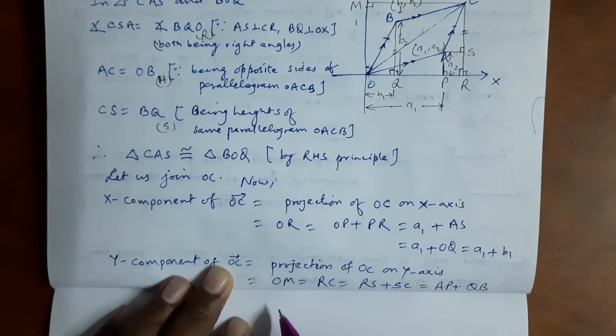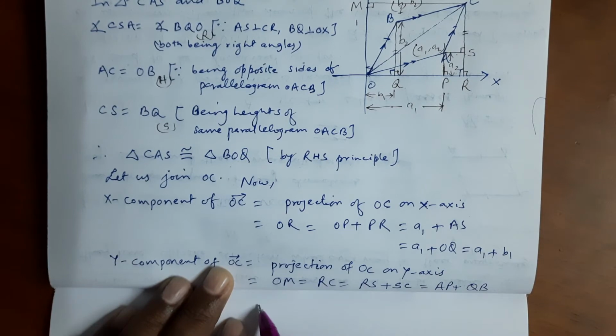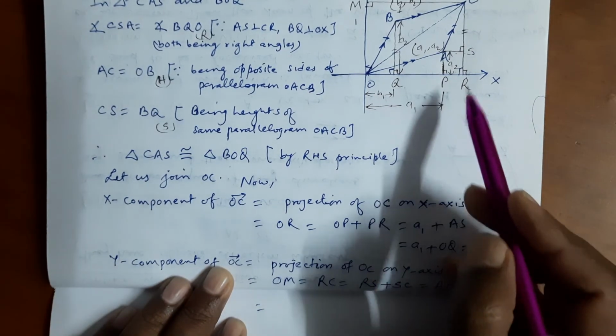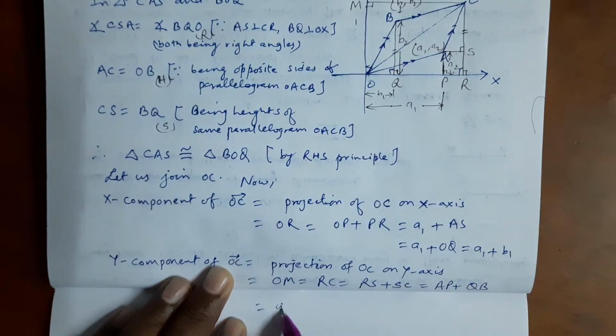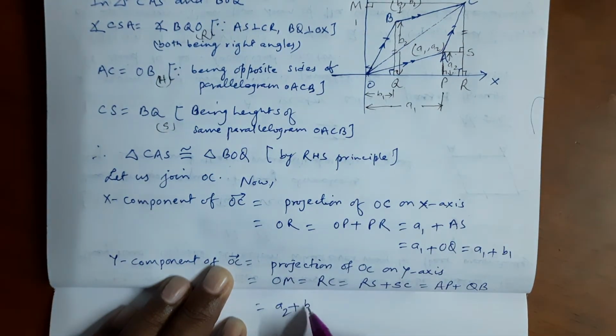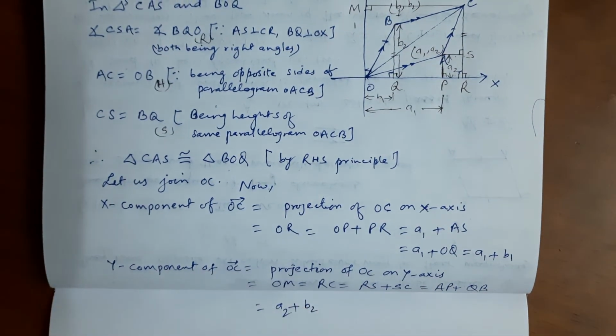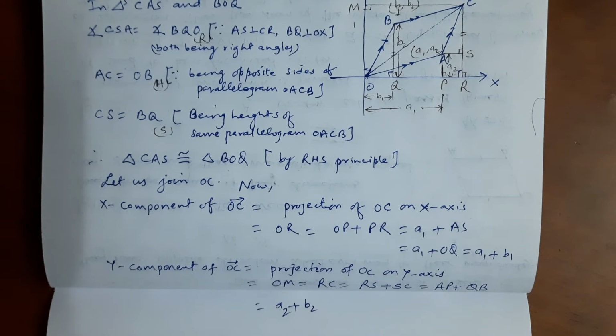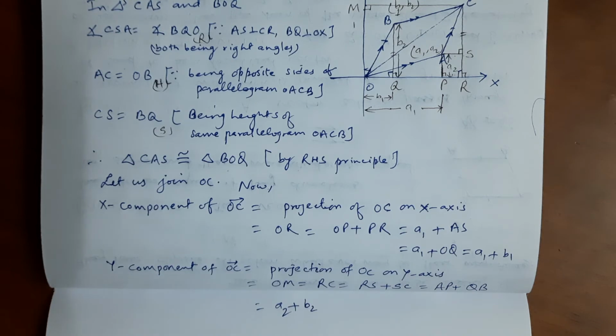So heights of the parallelogram are equal, and this equals AP. AP from here is A2 plus QB. QB from here is B2.